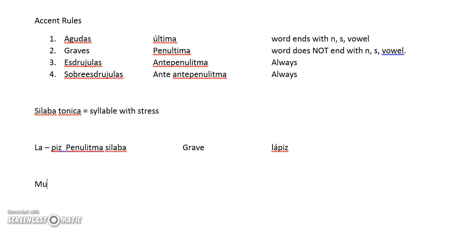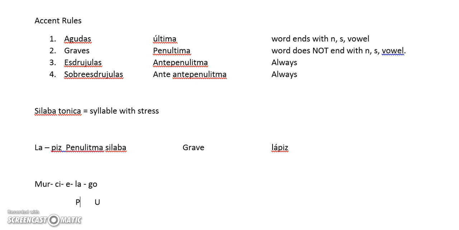So, for instance, like the word murciélago, it's the word bat, murciélago. The última sílaba is this one.